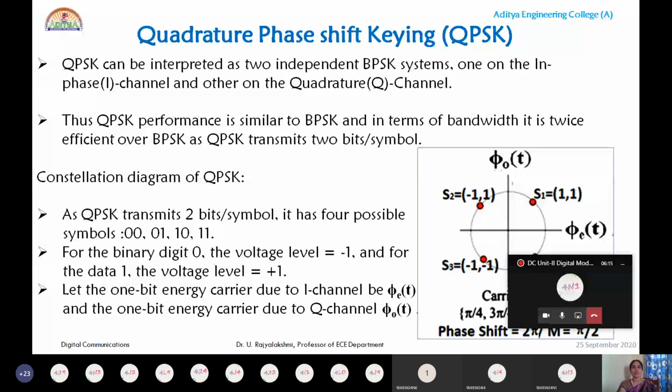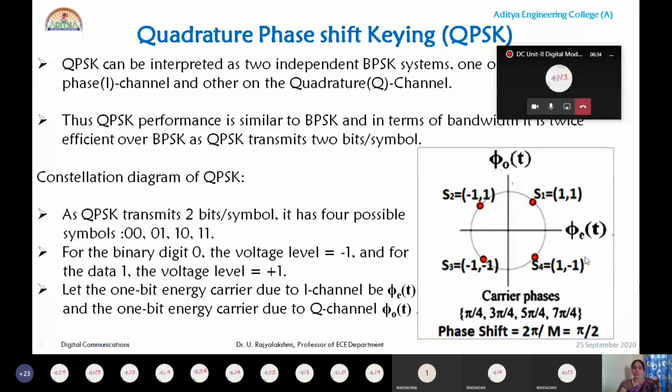If you observe the constellation diagram, it consists of two carriers. One is the in-phase component, which is due to the even bit sequence, and phi naught of t is the quadrature carrier, also a 1-bit energy carrier, which is due to the odd sequence.